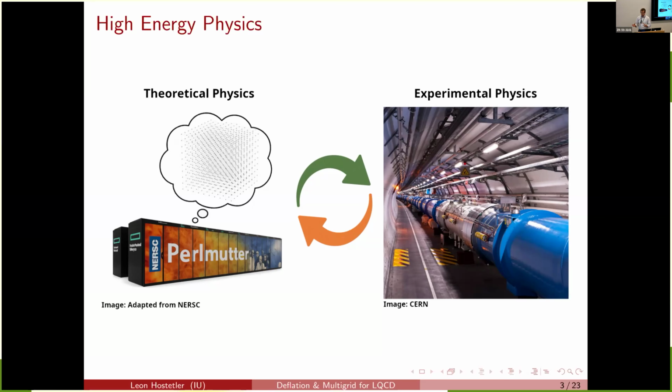On the experimental side, they use even larger machines, colliders for example, where they smash particles together and see what the resulting shower of particles is. And then we compare these theory predictions and experimental results. If they agree, great, it means the standard model is working. If they don't agree, even more exciting, it means there's something to be learned.